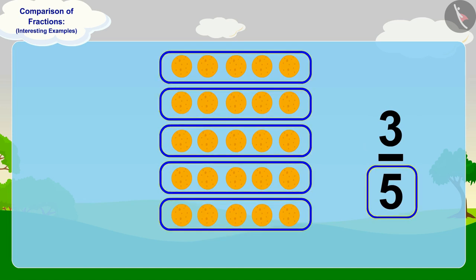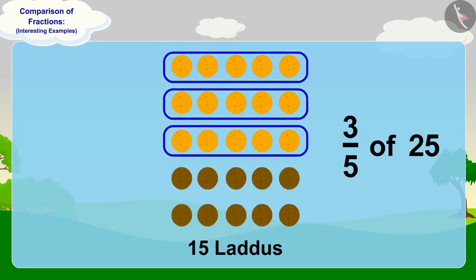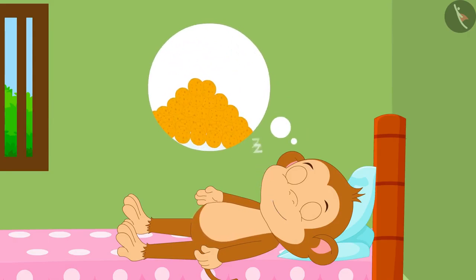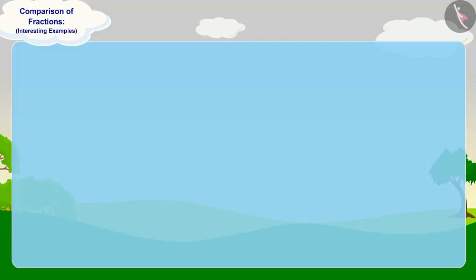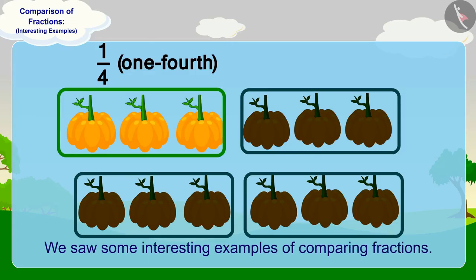In this way, 3/5 of 25 laddus are 15 laddus. Babban fell asleep thinking about laddus. Children, in this video we saw some interesting examples of comparing fractions.